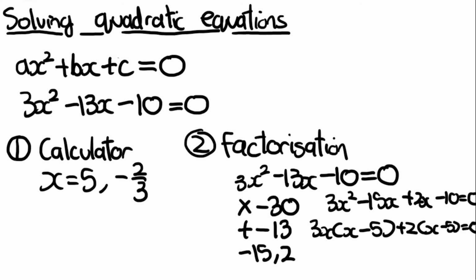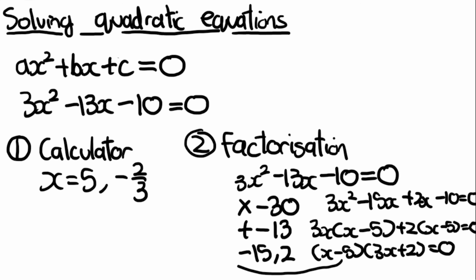And then we can simplify this more to create the first bracket as x minus 5, and the remaining bracket as 3x plus 2 is equal to 0. Now what this is actually saying, I'm going to do this over here to get a bit more space, is these 2 numbers multiply together to equal 0. The only possible way that those 2 numbers can multiply together to equal 0 is if one of them or both of them is equal to 0.